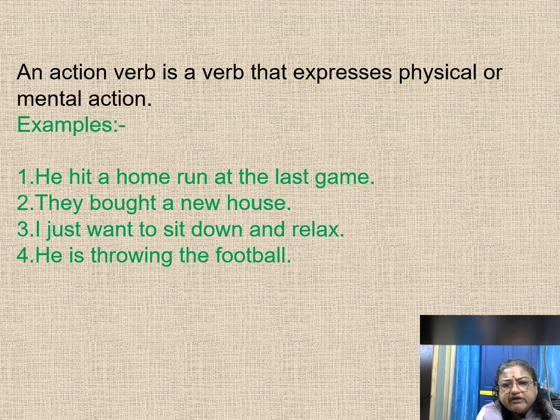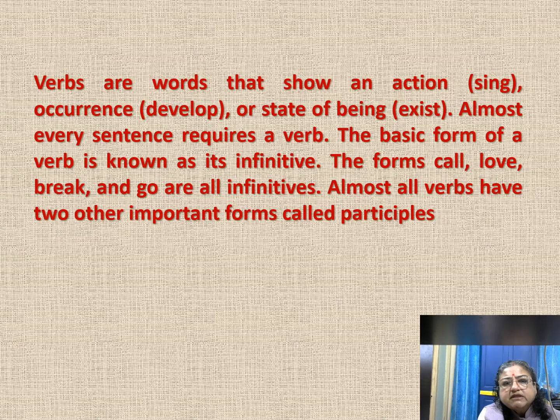In this way we use action verbs in a sentence. Though this video is about main verb and auxiliary verb, I'm touching a little bit on this to make you understand the verb. This action verb and state verb, be verb, also come here.